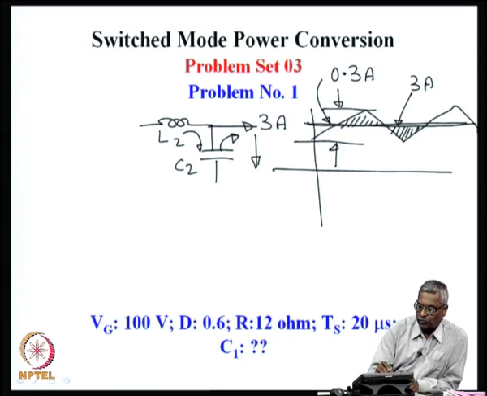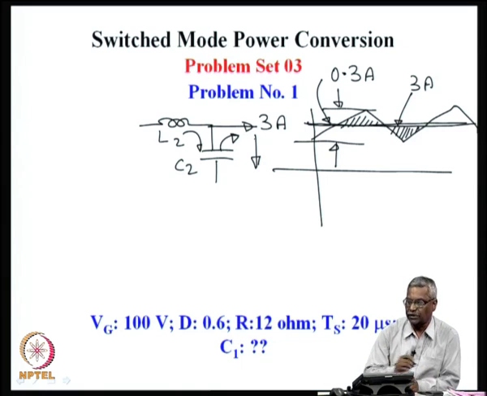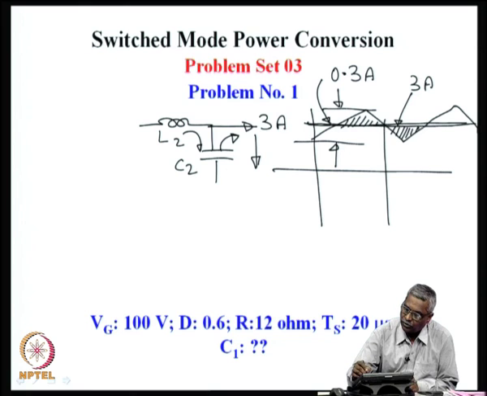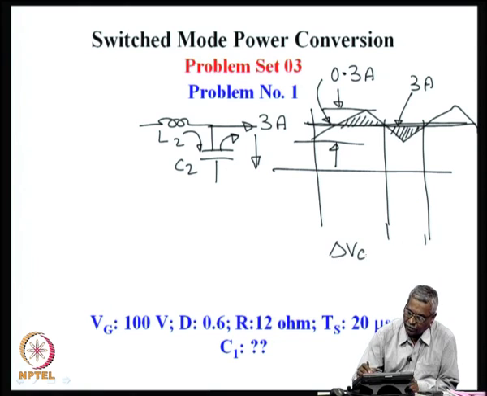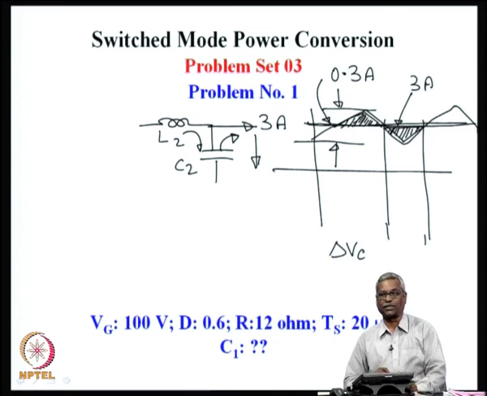So, if we know what is the current going into the capacitor or what is the current coming out of the capacitor, it is possible to find out what will be delta Vc, because this is the current which is discharging from the capacitor and this is the current which is charging the capacitor.